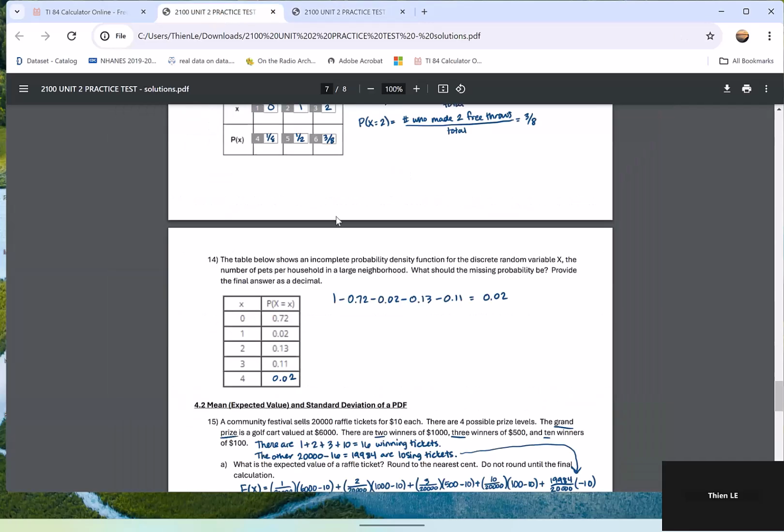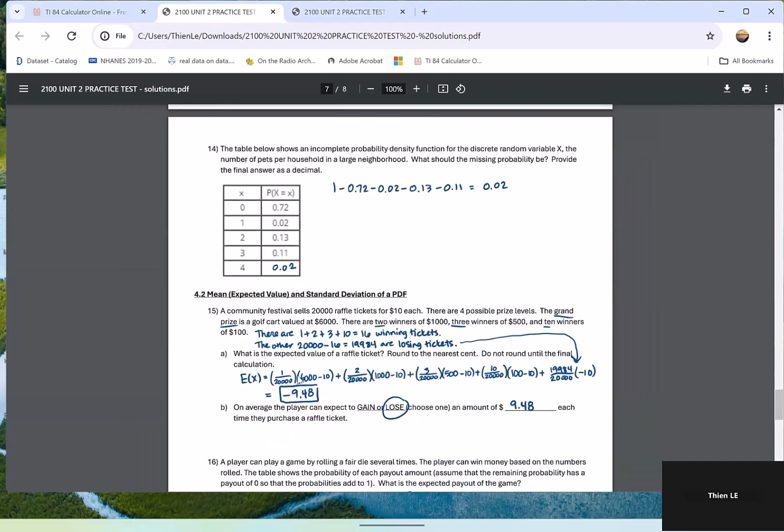If you do this, what I said here, you get negative 9.48. Okay.